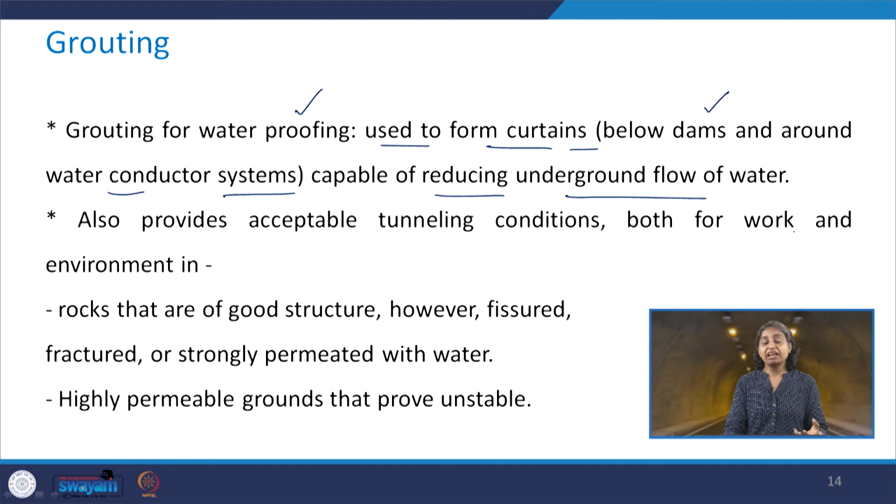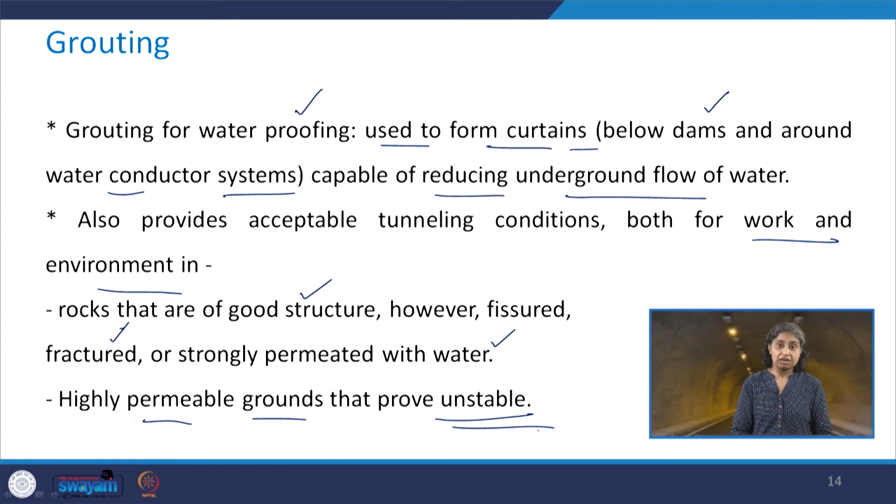This also provides acceptable tunneling conditions, both for work and the environment, in rocks which are of good structure but are fissured, fractured or strongly permeated with water, and it is also helpful in highly permeable grounds that prove to be unstable.